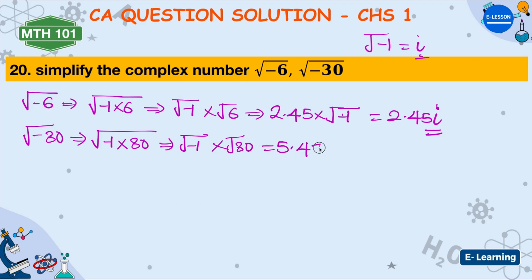So we have 5.47 times root minus 1. I say root minus 1 is iota. So the correct answer is 5.47 iota, or 5.48 iota approximately.